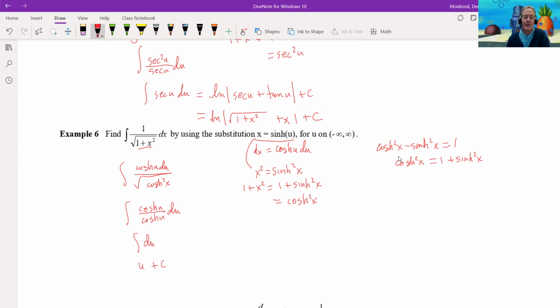And now we're going to put that u back in, but we need to do a little something here with this. Okay, now we know the inverse exists, so solving this for u is going to give us that u equals the inverse hyperbolic sine. Assuming that this function exists, and we know it does, even if we don't have an explicit description of it.